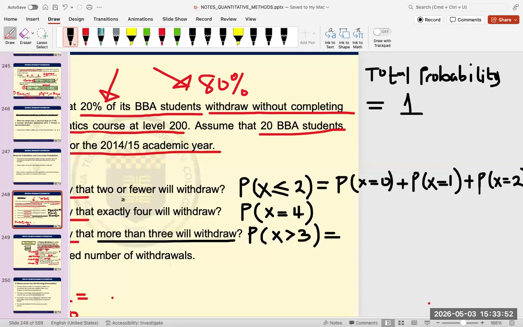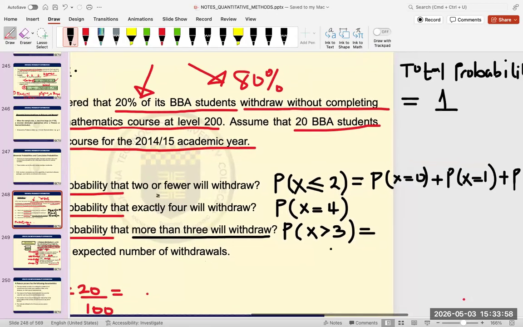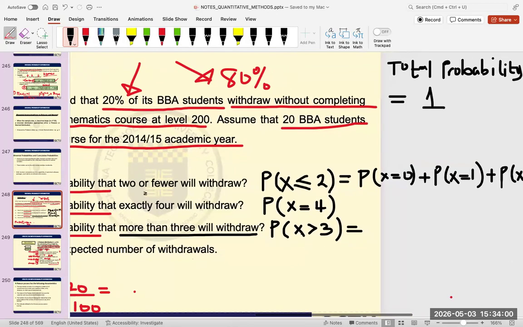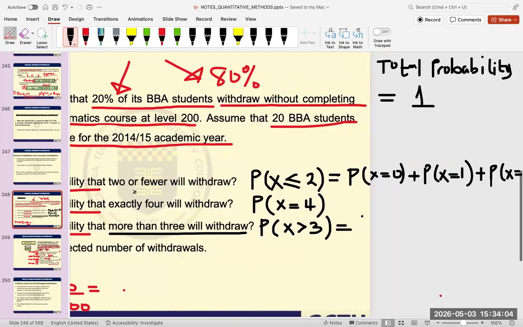I'm sure you haven't forgotten about this. So it means that probability of x greater than 3 is the same as 1 minus probability of x equals 3.